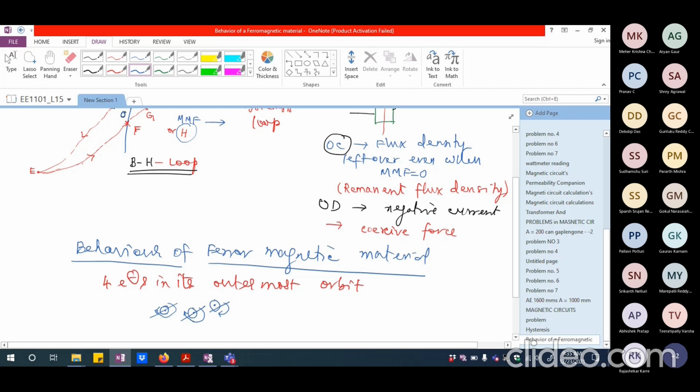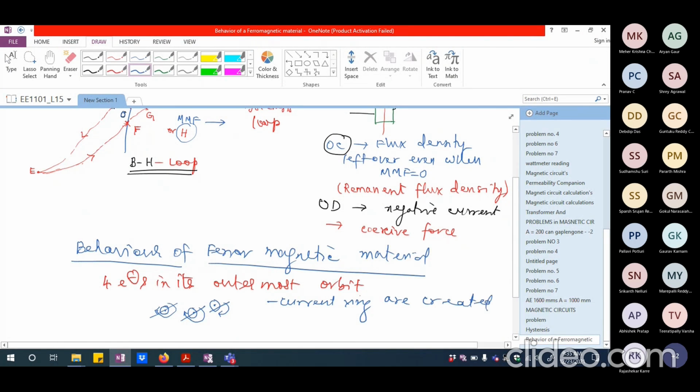And when a charged particle is spinning, it is as good as a current ring being created, because flow of electron is current. Here the electron is basically spinning, because of which it is creating a current ring. So you are going to see current rings created whose axes are parallel to each other.